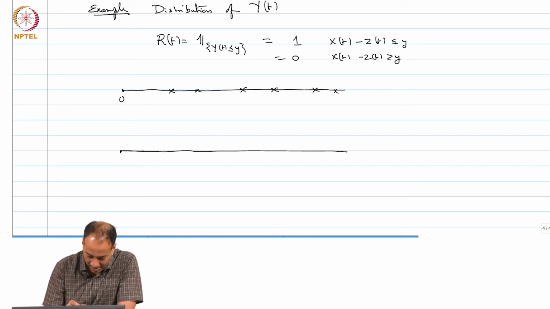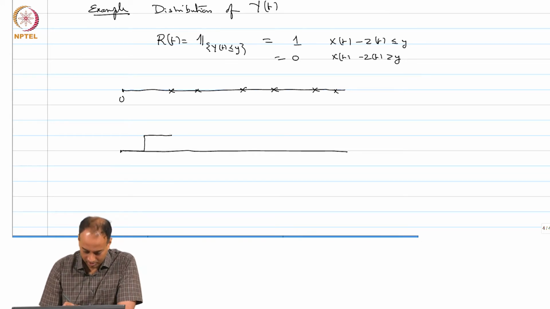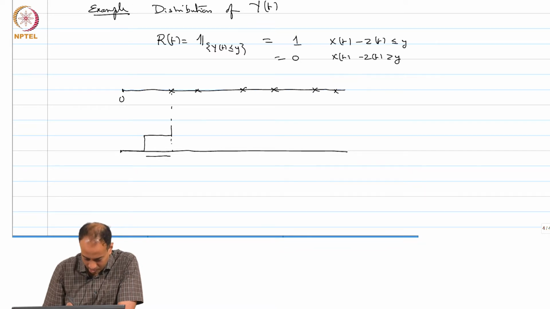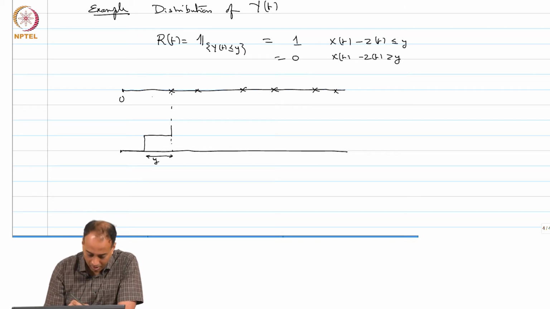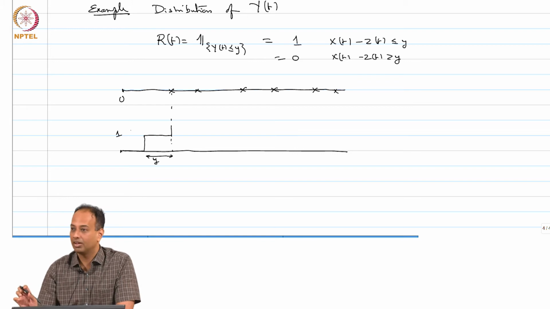At some point, here, it will start becoming 1, and the width of this will be little y. So, when my time is here, my residual life becomes less than or equal to y, where you fix a little y, then your reward will become 1, otherwise it will be 0.